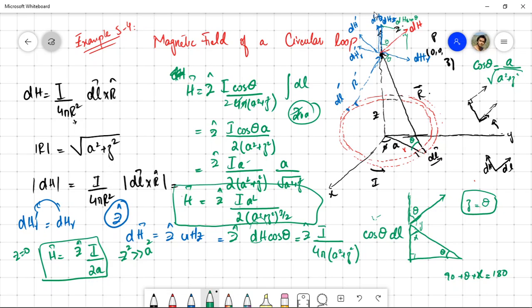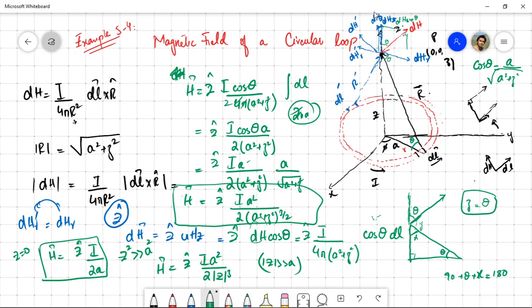At that point, this z term will overwhelm, and this a square will have to be ignored. And for that case, the value of h is going to be z hat I a square over 2 times the magnitude of z cubed, for the case when z is far greater than the value of a.